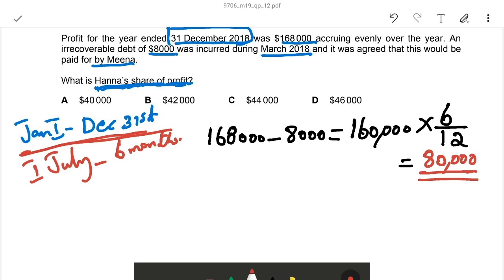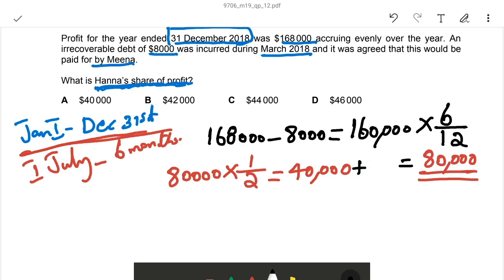So Hannah's profit share is 80,000 times 1 over 2, that is 40,000. And Hannah has to get half of the irrecoverable debt too. Normally the profit and loss should be shared equally, but Hannah is not responsible, and Meena has already agreed to pay it.